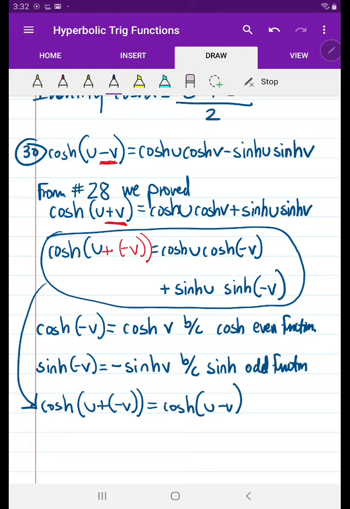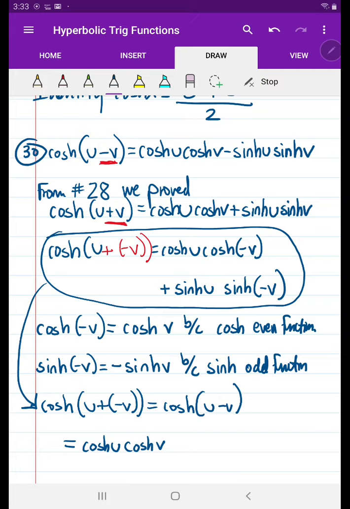That makes sense, which is cosh u cosh v, right?